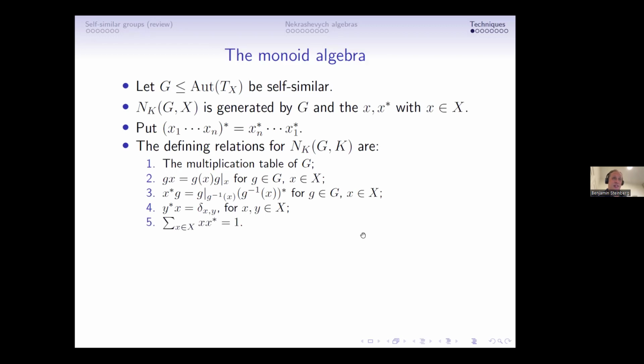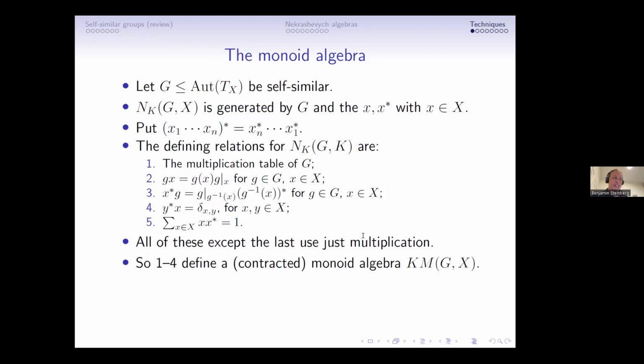And then you have the Cuntz-Krieger rule, CK2. And all these except for number 5 use just multiplication. So 1 through 4 define a contracted monoid algebra. If you ignore contracted, it just means that the 0 of the monoid and the 0 of the ring are viewed as the same. So the basis is the non-zero elements, and the product being 0 is really 0. Okay. And then the Nekrashevych algebra is this monoid algebra plus one extra relation, CK.